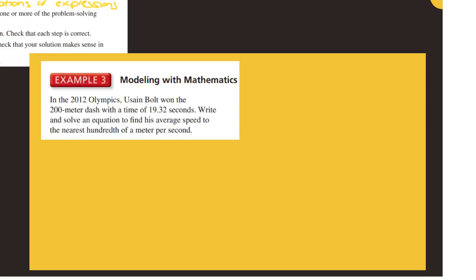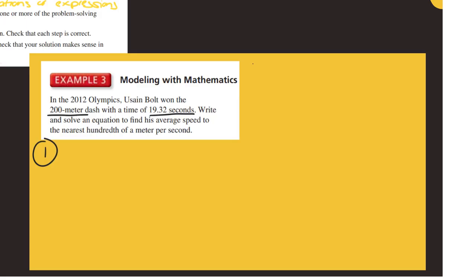Write and solve an equation to find his average speed to the nearest hundredth of a meter per second. So if we use the steps, which is understand the problem, you know the winning time, which is 19.32 seconds, correct? The winning time and the distance of the race.